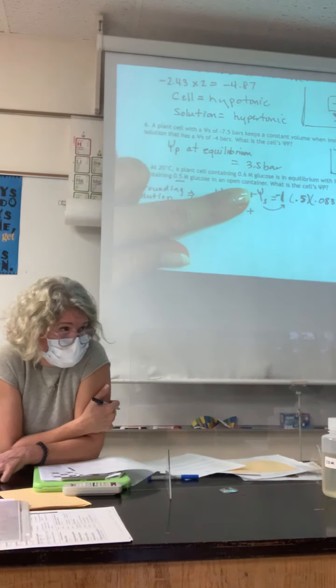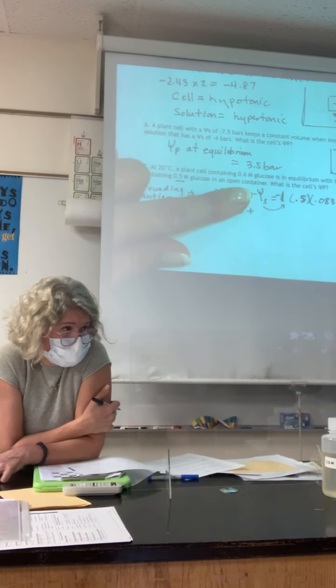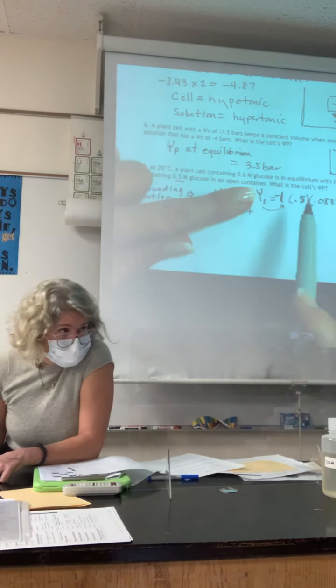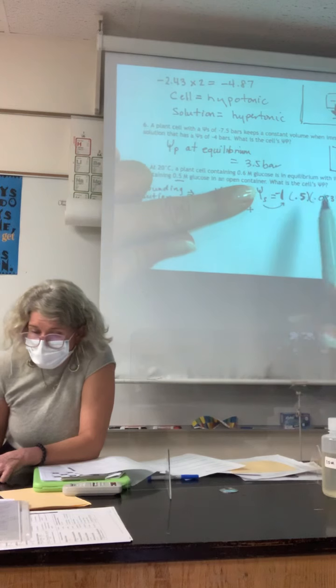Got it? Do you want me to talk you through it again? I multiplied, but I used 0.176. Okay, so I'm going to come back to you in a sec, okay?